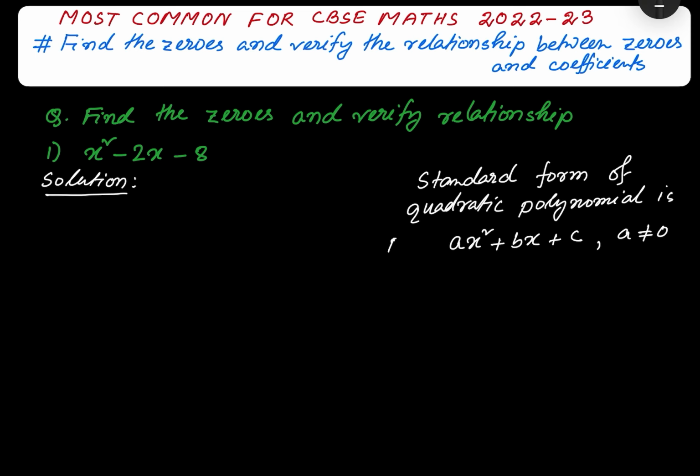We can write this as px. So this is our quadratic polynomial. Why is it quadratic? Because here the highest power of x is 2 and a is non-zero.